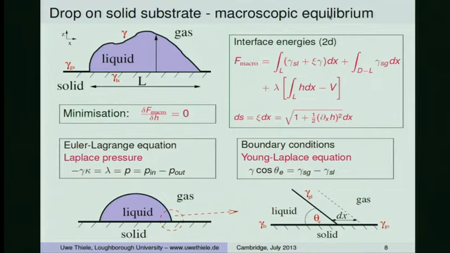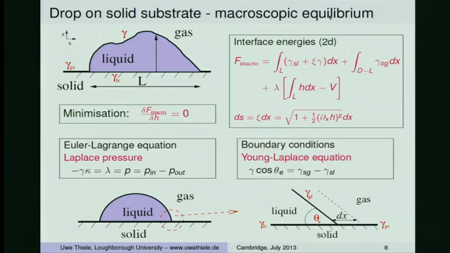So we write down, let's say, this macroscopic energy, where we integrate over the length of this droplet, have the solid-liquid interfacial energy, and then the liquid-gas one, where I put this geometric factor, which is the ratio of the dx along the substrate and the ds along the interface. This is somewhere written here in 1D, is this factor here.